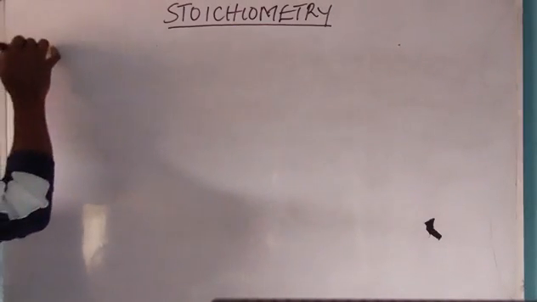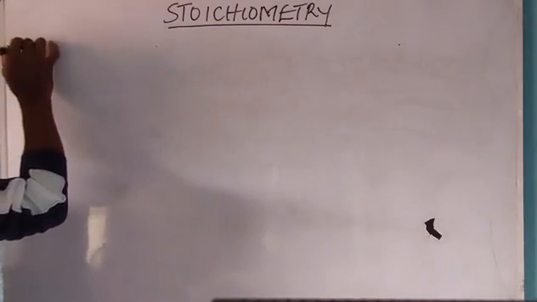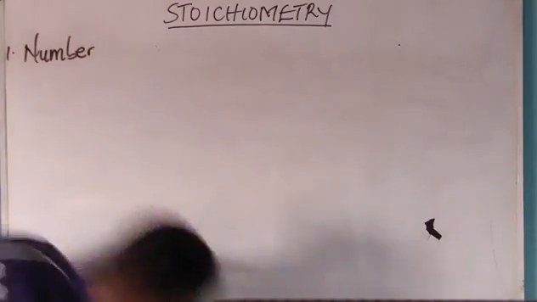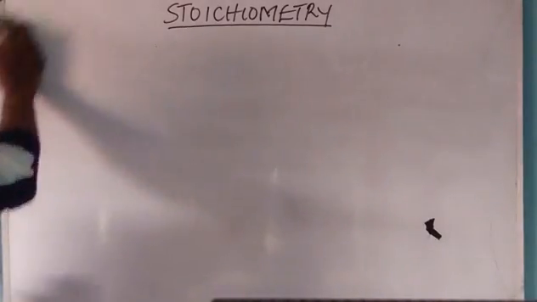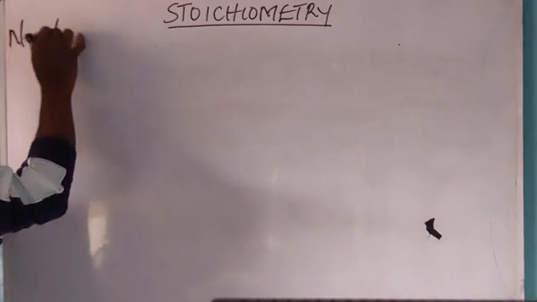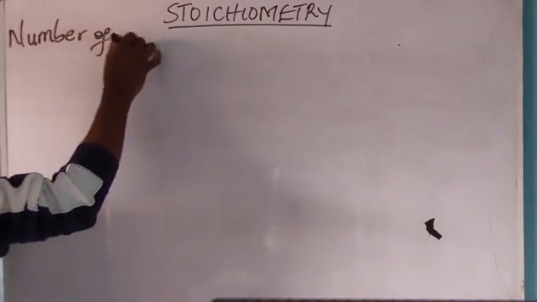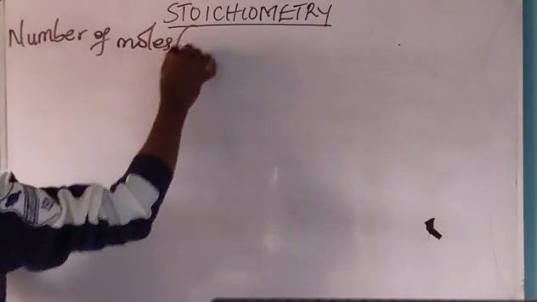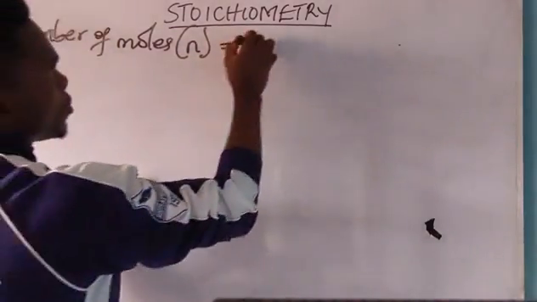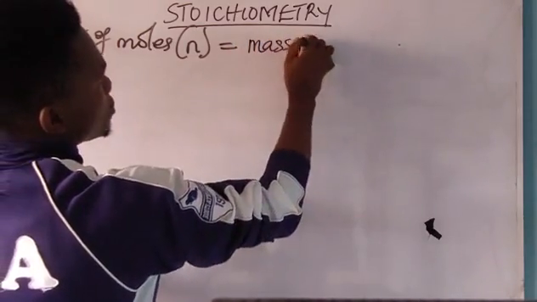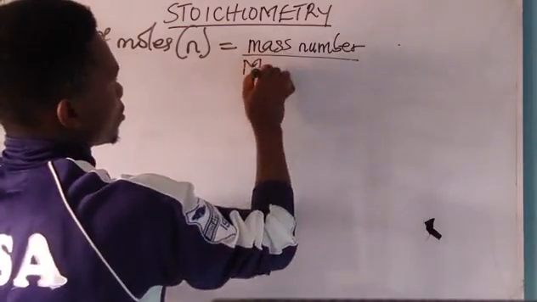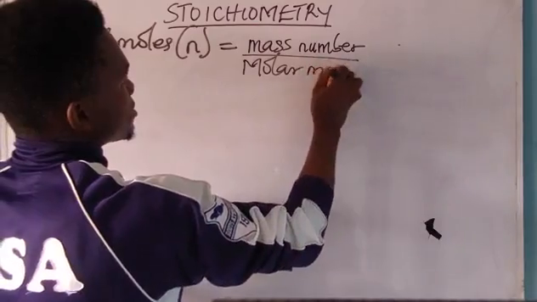You agree with me that number of moles, which is denoted as small letter n, equals mass number over molar mass.